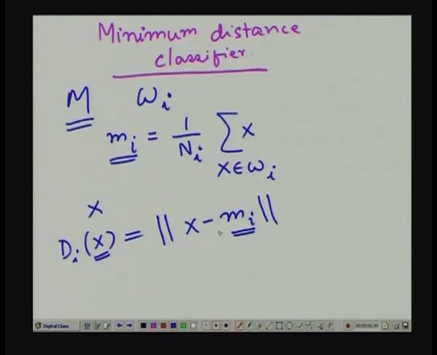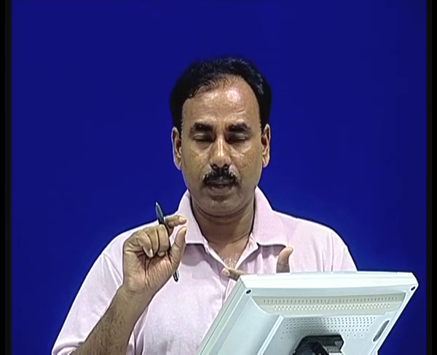I will say that this particular feature vector x will belong to that particular class whose representative, the mean vector, has the minimum distance from this vector x.